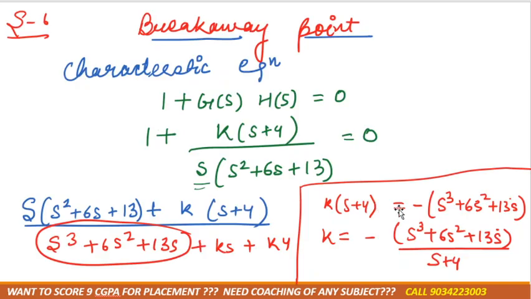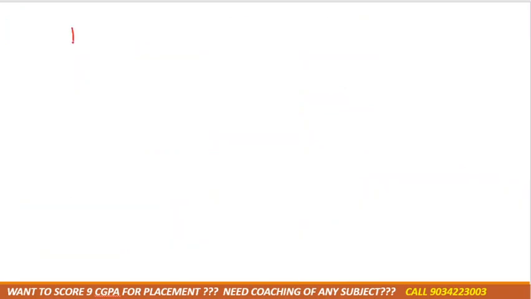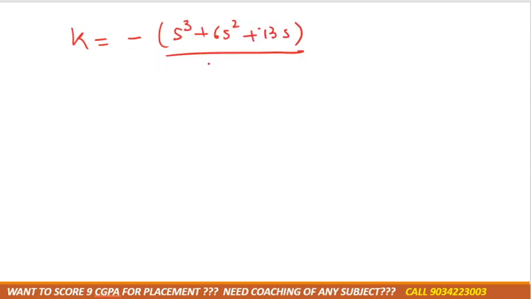Now you are going to calculate dK by ds, meaning differentiate this equation with respect to s. So what we got, K is equal to minus of s cube plus 6s square plus 13s divided by s plus 4, correct? We have to use the u by v rule.